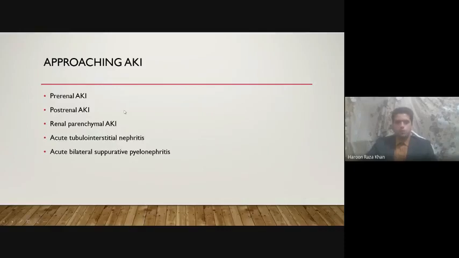Moving onward, we will now talk about post-renal kidney injury. Here in this condition, uremia results from the obstruction of the urinary tract at any point from the calyces to the external urethral orifice.